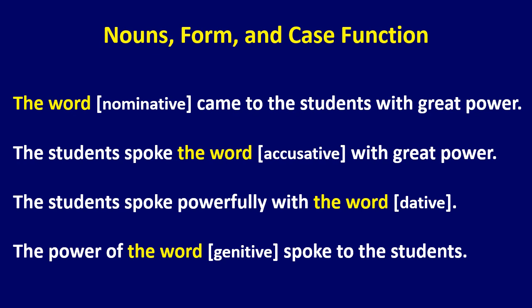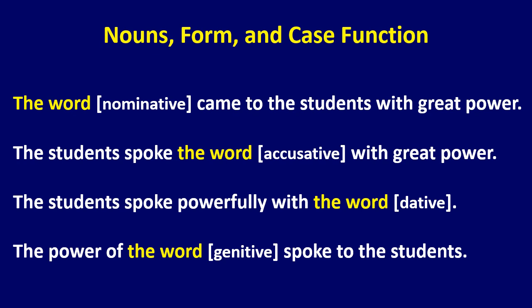I've put it in 4 different sentences here to illustrate this in English. The first sentence is, the word came to the students with great power. In this case, the word is in the nominative case in terms of its function within the sentence, because the word in this first instance is being used as the subject. It is a noun, but it's functioning as a subject here.